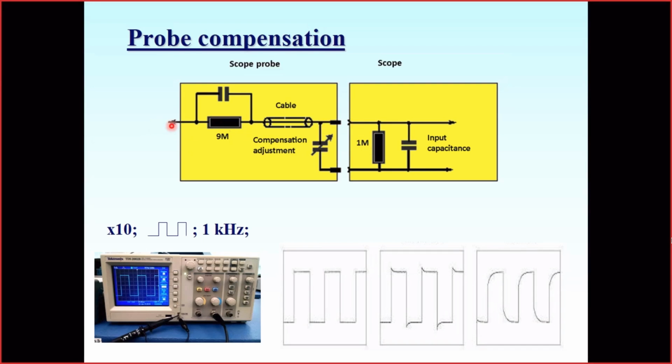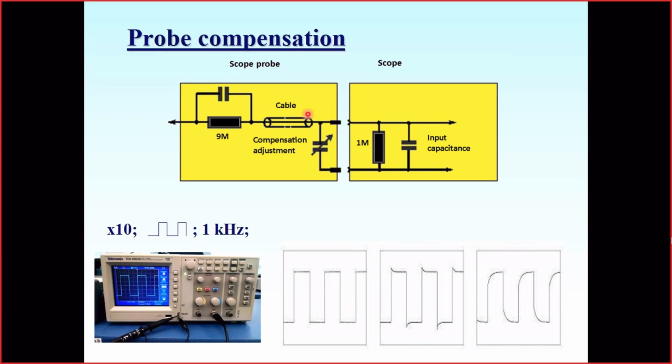So what does this divider do? It puts only 1/10 of the input voltage to the scope input. So by moving the switch, by connecting this 9 megaohm resistance, we attenuate the input signal attached to the probe 10 times.